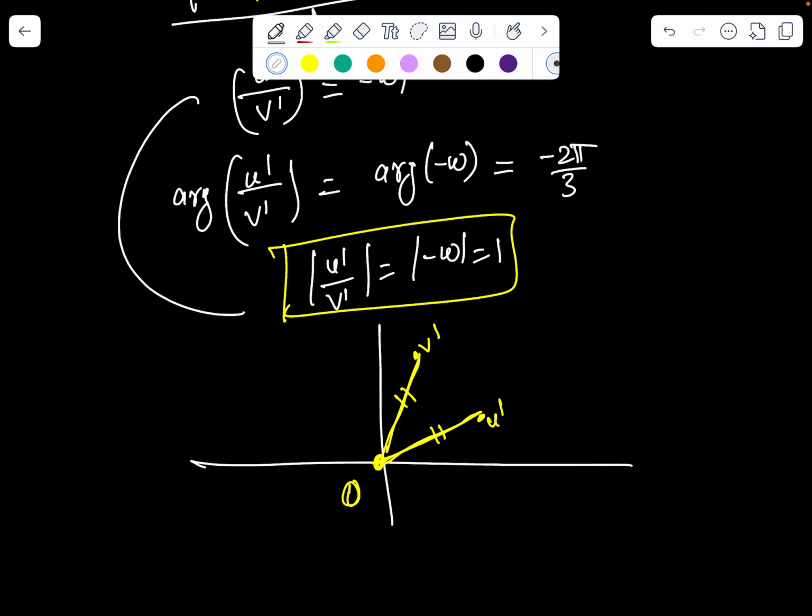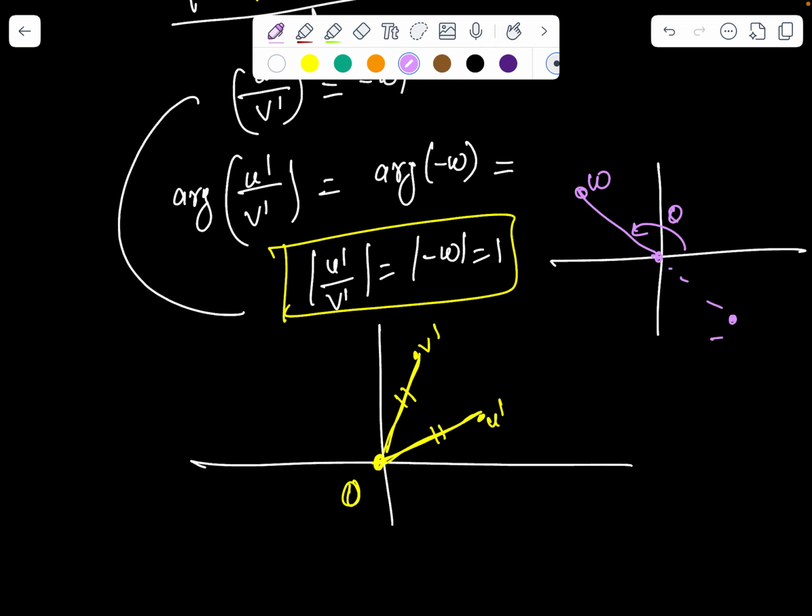Okay, so fundamentally, what we can say is the argument of minus omega can be written as follows, because omega is over here, right? So this is theta. Where is minus omega? Minus omega is over here.